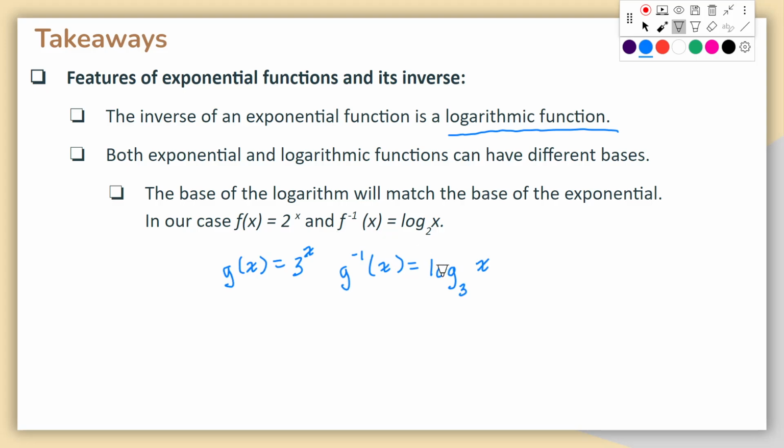So the bases will be the same between an exponential and its inverse, but we can have different bases, is what the statement there is saying. And this concludes the review of Lesson 3 from Unit 1.